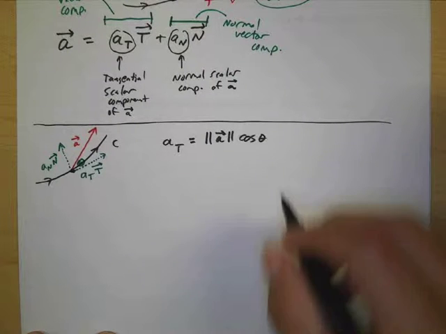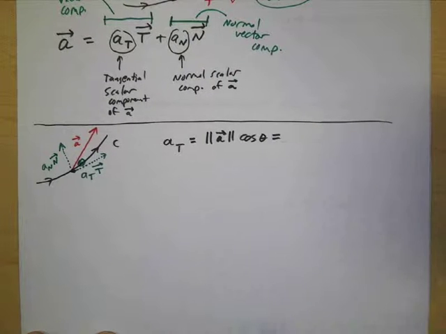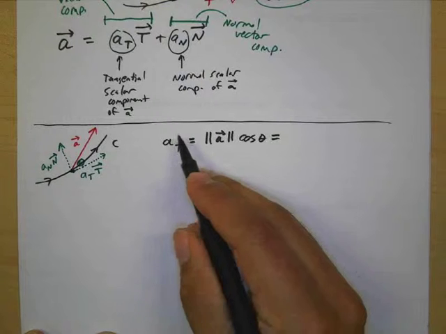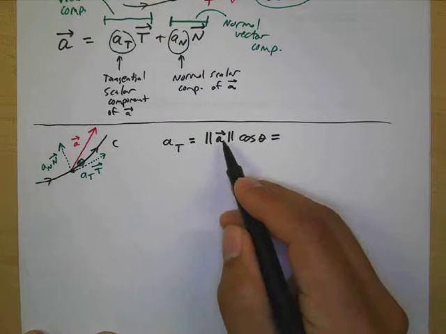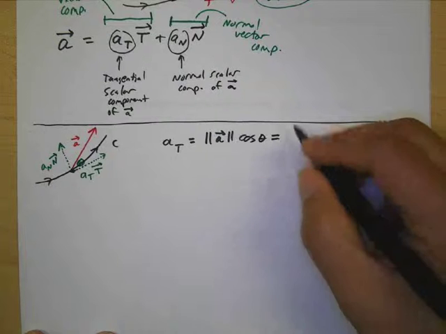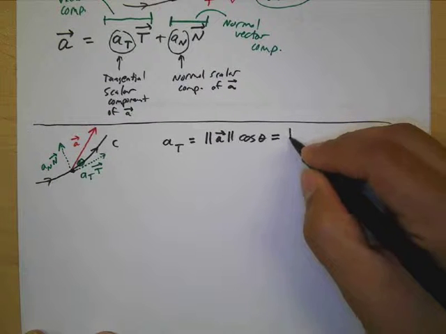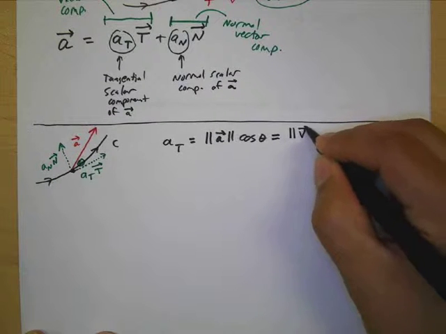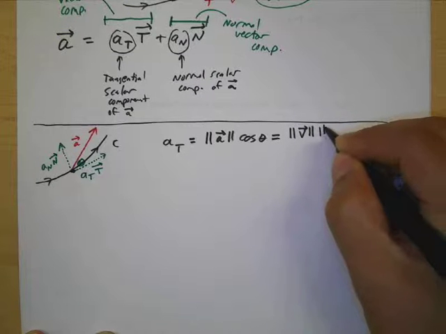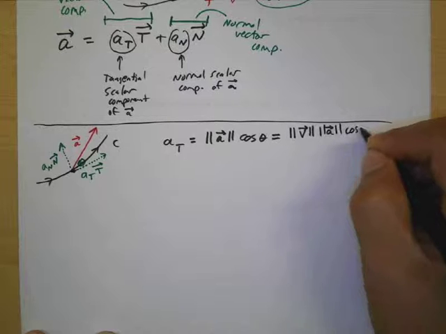Well, we're going to try to do something which is going to seem unusual, but will make things a little easier in just a minute. So does this part make sense, that scalar coefficient is going to be magnitude of acceleration times cosine? Okay? Well, I'm going to go ahead and bring in velocity. So magnitude of velocity times magnitude of acceleration cosine theta.